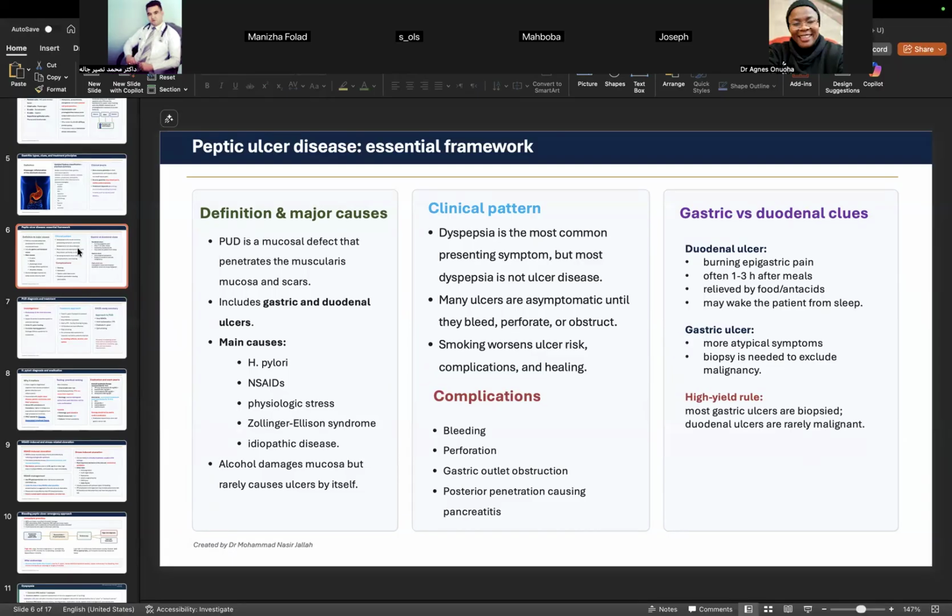Other causes: physiological stress, Zollinger-Ellison syndrome, idiopathic disease. Alcohol damages mucosa but rarely causes an ulcer by itself. It could be a trigger, a precipitant. Clinical pattern: dyspepsia is the most common presenting symptom. Remember, this might be in the MCCQE1.